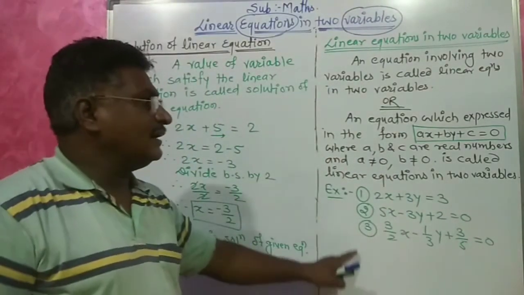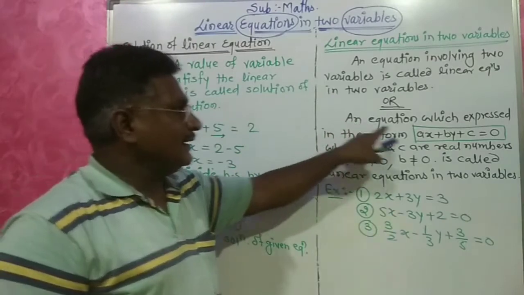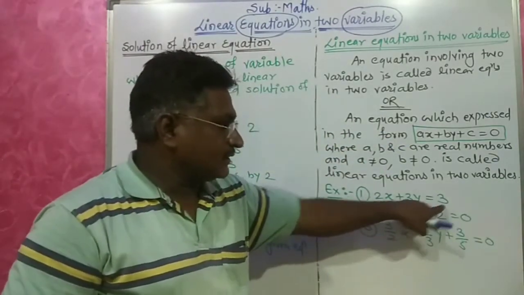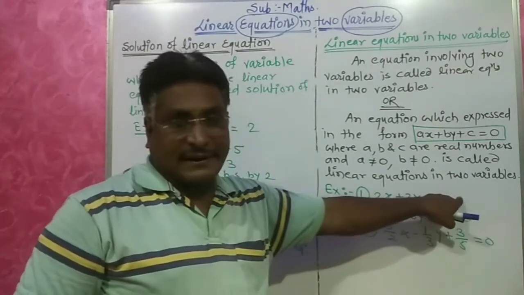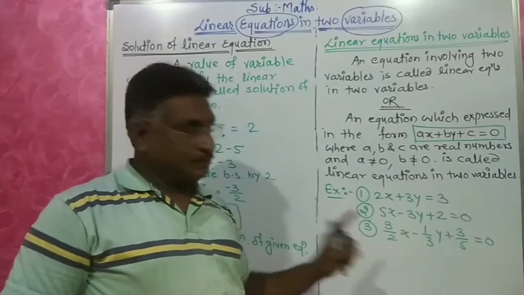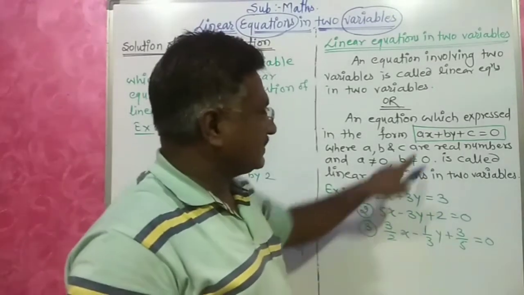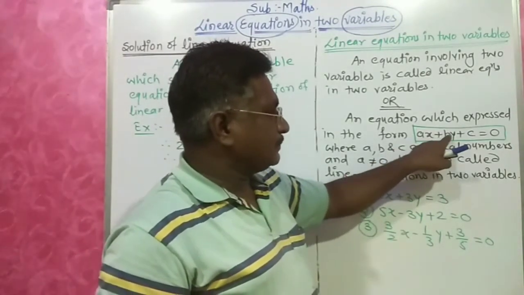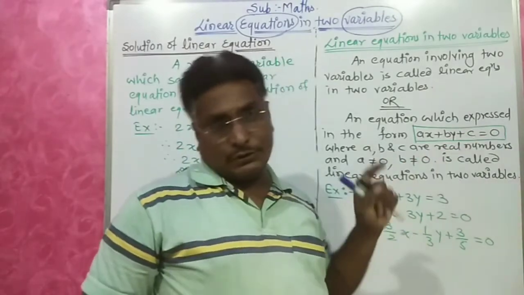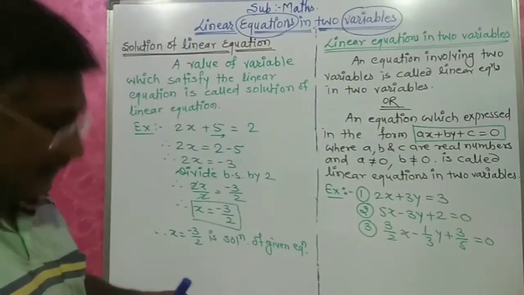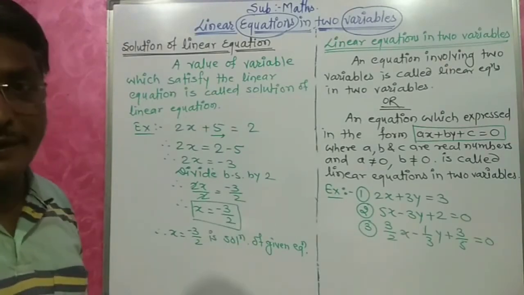All these are examples of linear equation in two variables. If we transfer the constant terms, we will get the right hand side as 0. Okay, students? So all these equations are expressed in this form, ax + by + c = 0. So I hope you understand, students, what is the meaning of linear equation in two variables.